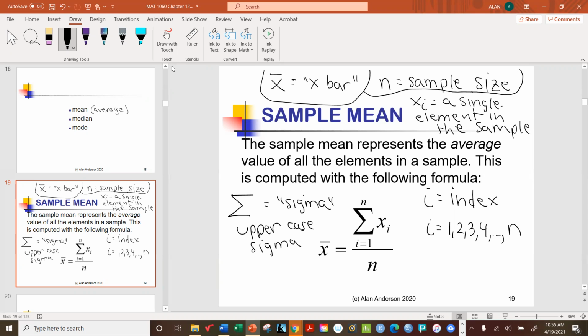And I've saved the scariest part for last. What is this thing? Well, if you look over here on the left, this symbol is actually a Greek letter. It is the uppercase sigma in the Greek alphabet, and sigma corresponds to S in the Roman alphabet. It has a very, very specific meaning.